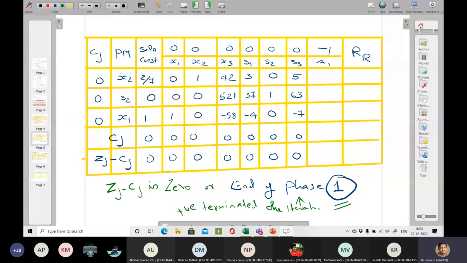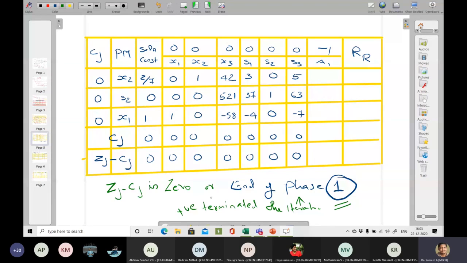If the artificial variable is completely eliminated and all Zj minus Cj become either 0 or positive, I can terminate the iteration of phase 1 and move to phase 2.